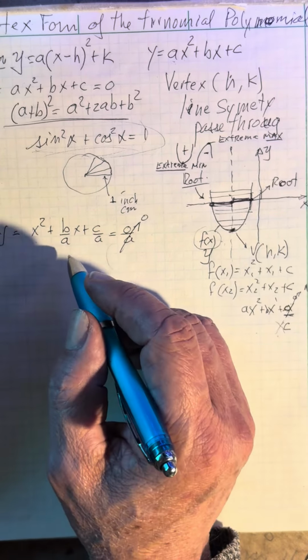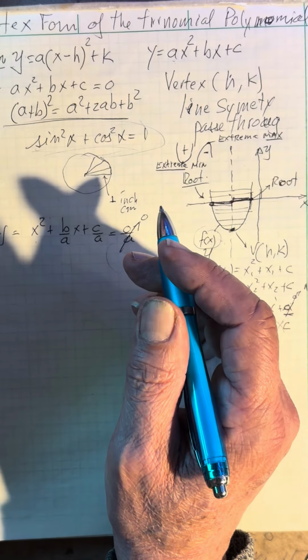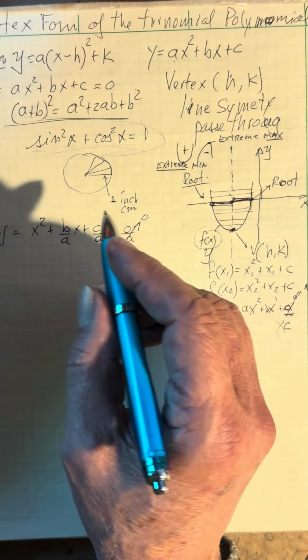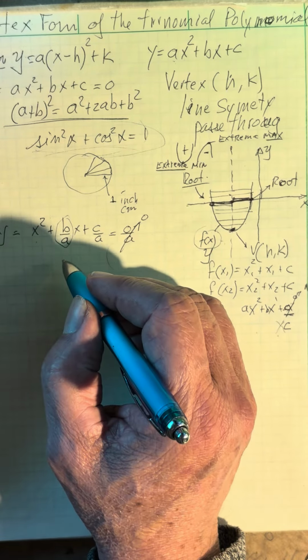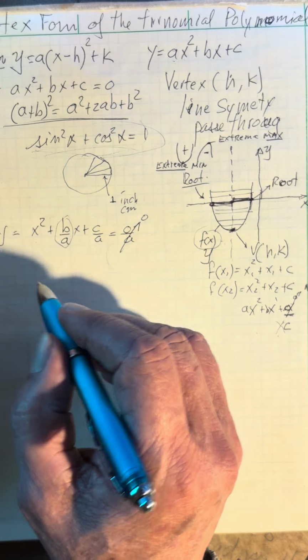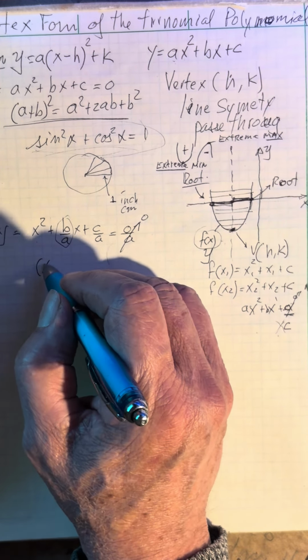Okay, so now we're going to follow the rules for finding this perfect square, which is to find this guy here. Let me first rewrite this thing.